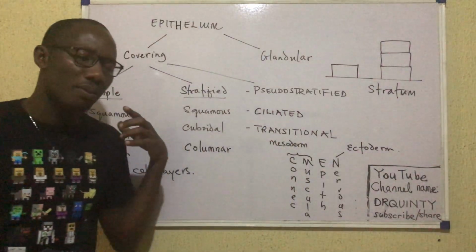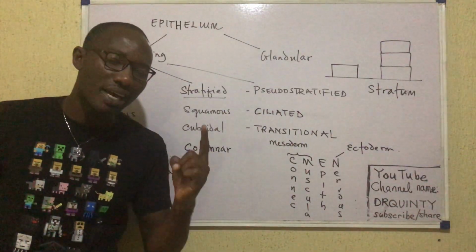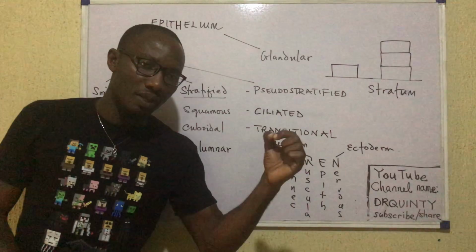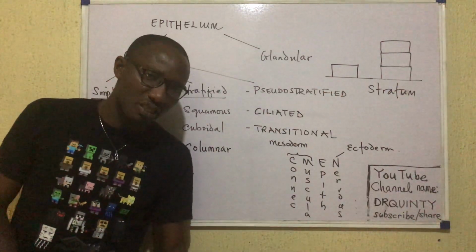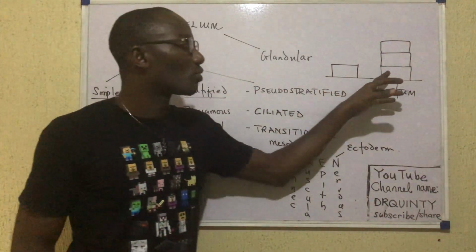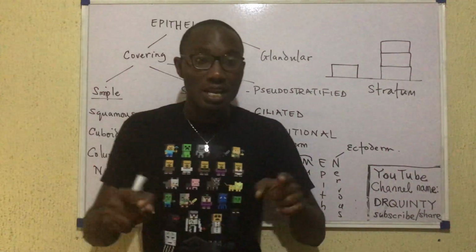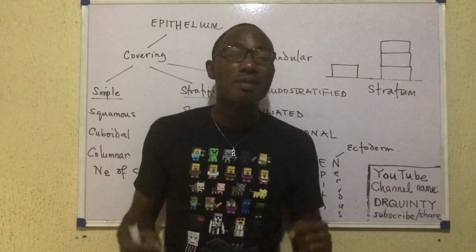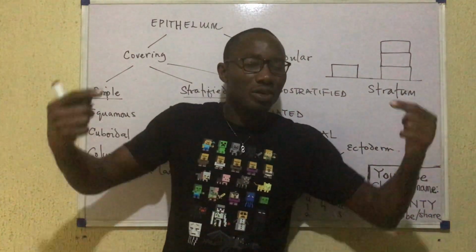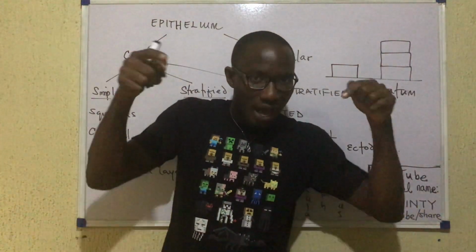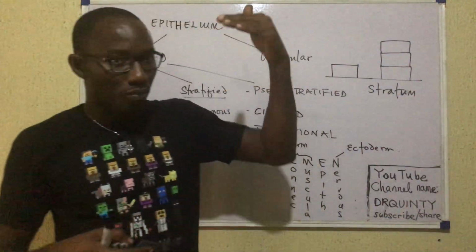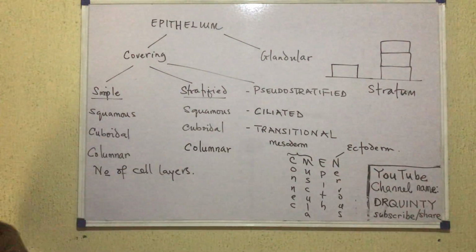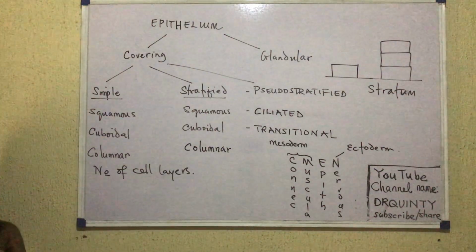So we say simple epithelium is one cell thick, just one layer of cells on the basement membrane. But for stratified epithelium, you have a layer of cells on the basement membrane, then another layer of cells on top of the initial layer, and so forth. So you can have multiple layers, such is referred to as stratified.